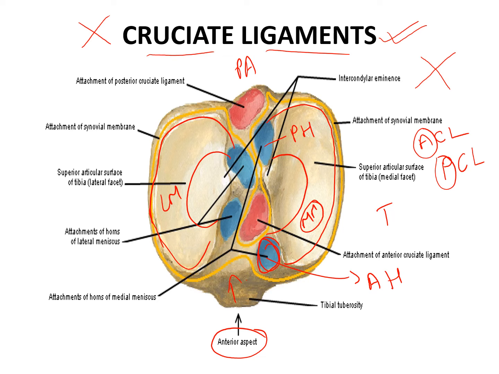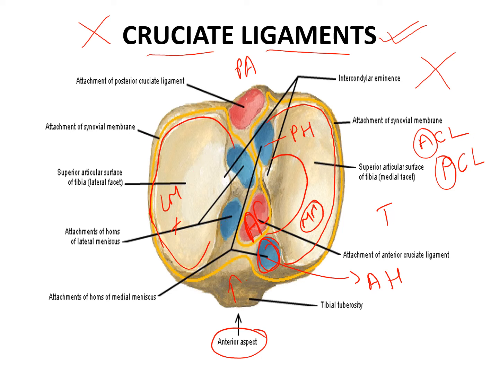Then we will encounter the anterior cruciate ligament. So this anterior cruciate ligament is placed on the anterior aspect of the tibia. Then we will encounter the anterior horn of the lateral meniscus. So these are the three structures.